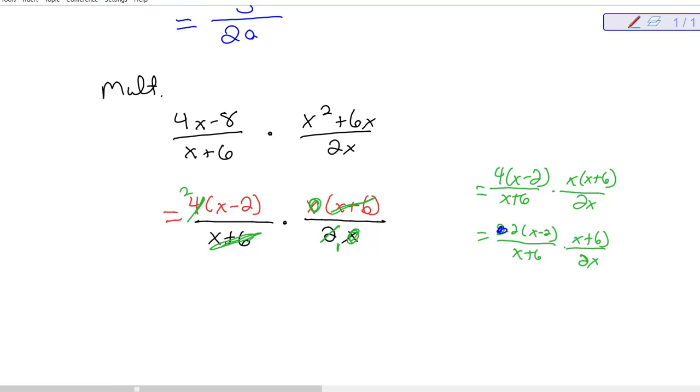And that way I would have marked out a 2 and a 2. Oop, I left out an x. An x and an x plus 6 and an x plus 6.